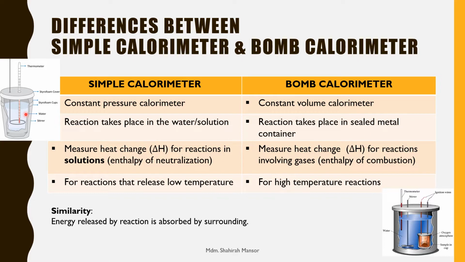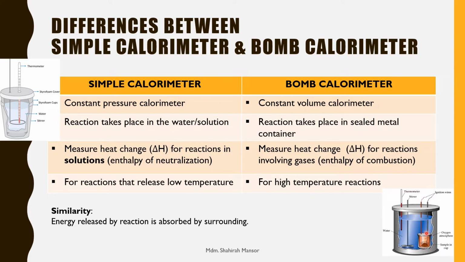So apakah surrounding kita? Surrounding kita di sini will be solution and calorimeter. So, the same concept kita boleh apply juga untuk this bomb calorimeter. So, apabila combustion berlaku, energy will be released to the surrounding. So, surrounding akan absorb that energy and the surrounding will be komponen yang di luar daripada tempat berlakunya chemical reaction di sini.